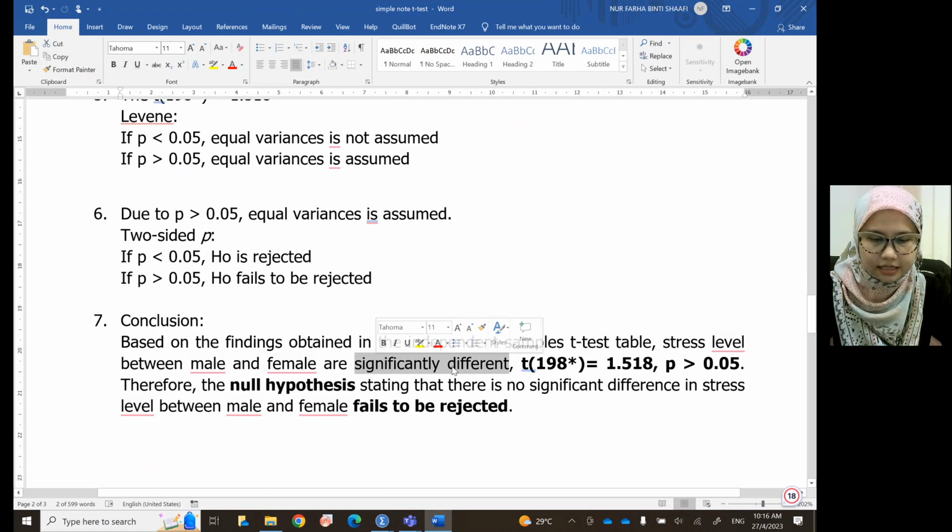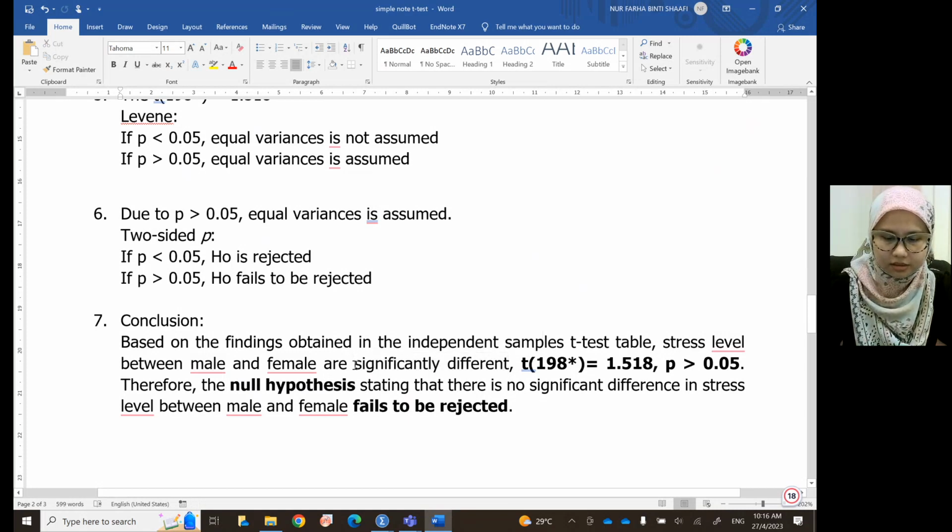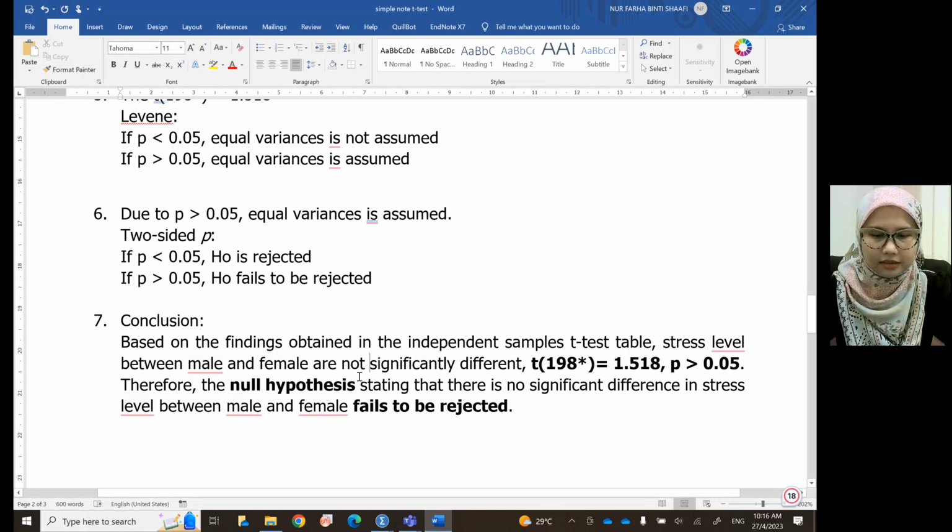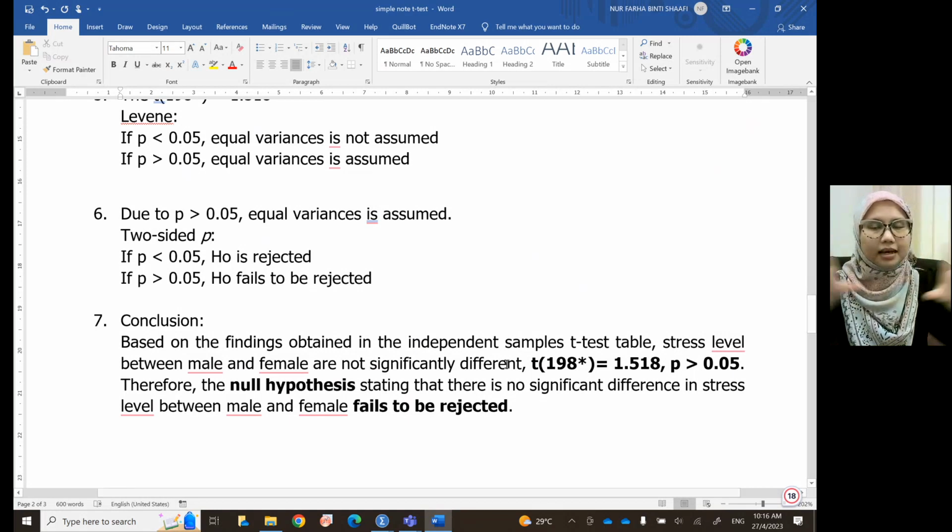Because just now, fail to be rejected means not significantly different. Your statement for H0 is that there is no significant difference, right? So stress level between male and female are not significantly different, meaning their stress levels are the same. Male and female have the same stress level.